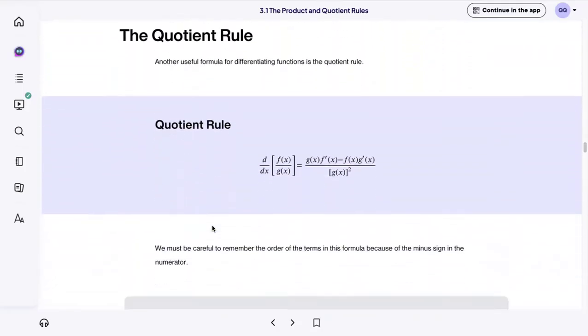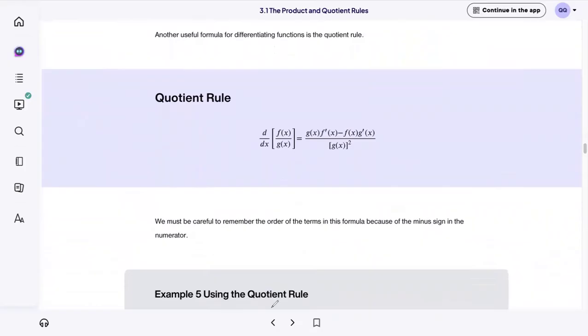Okay, quotient rule. Usually I don't emphasize the quotient rule. Quotient rule means I have one function divided by another function. But of course, I can rewrite this one as f of x times g of x raised by -1.